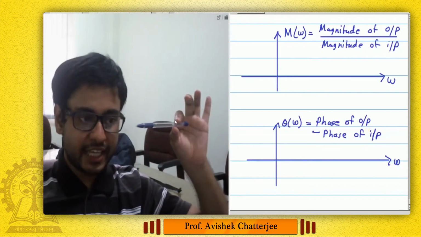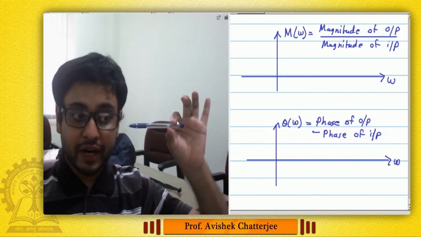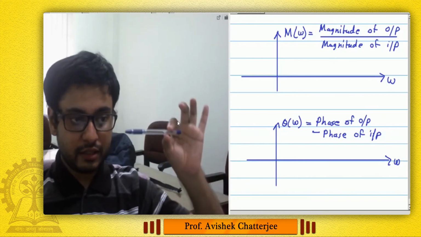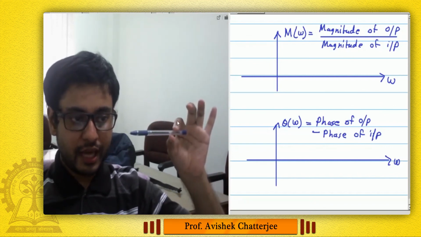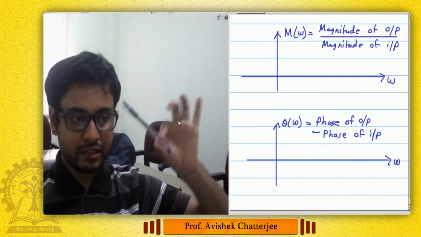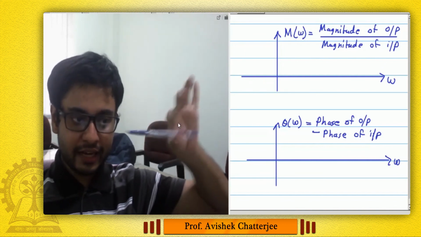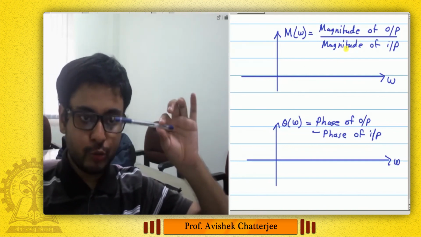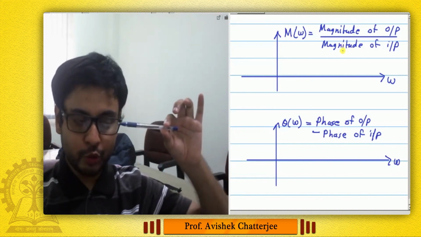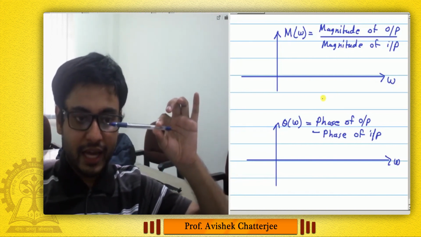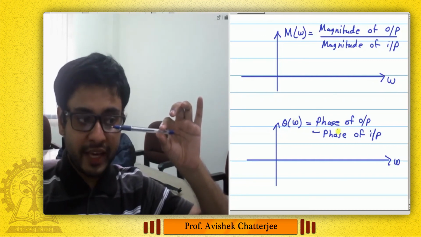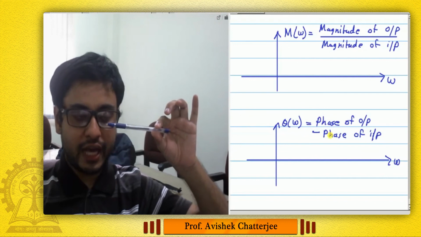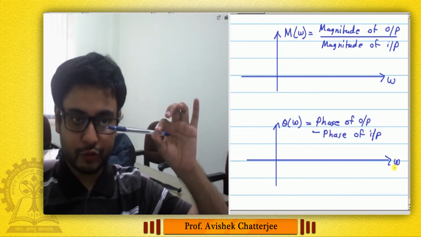Then do this experiment by giving different input frequencies, like low frequency and then higher frequencies, and record the amplitude of output divided by amplitude of input as a function of omega, and whether there is a phase gap between the input and output as a function of omega.